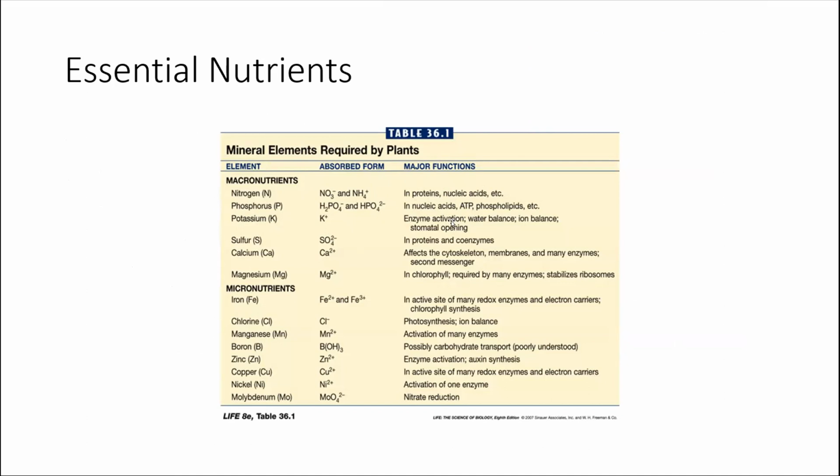If we think back to those more technical descriptions of photosynthesis, ATP is an active part of photosynthesis. So having available phosphorus is required for photosynthesis. Potassium: enzyme activation, water balance, ion balance, stomatal opening. Remember, we did talk about that.